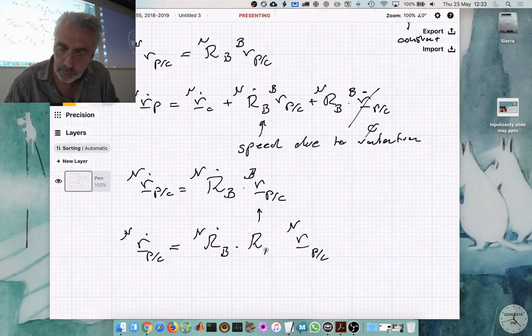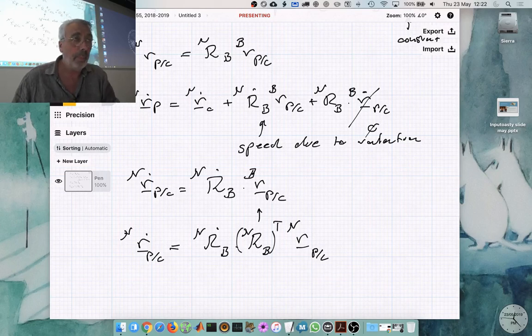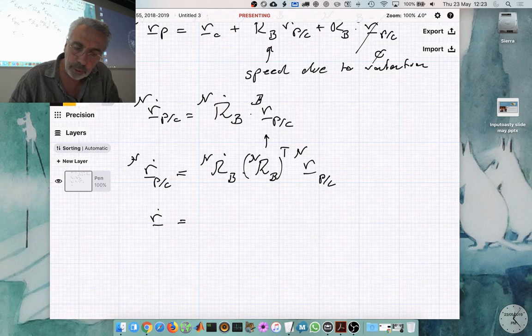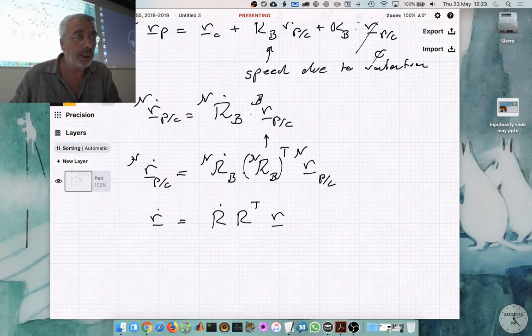So it was apparently this R_BN transpose. So now I've written down the speed of this point as this matrix stuff times the speed, and everything is in the same coordinate system. So for shorthand, I could say this r dot is equal to R dot R transpose times r, because everything is in the same coordinate system.